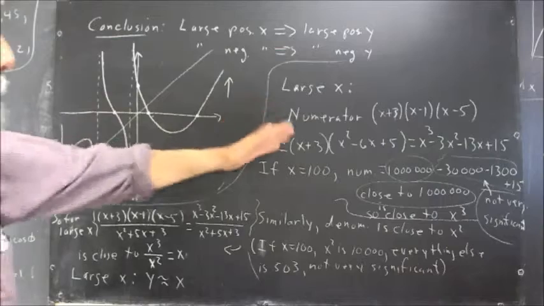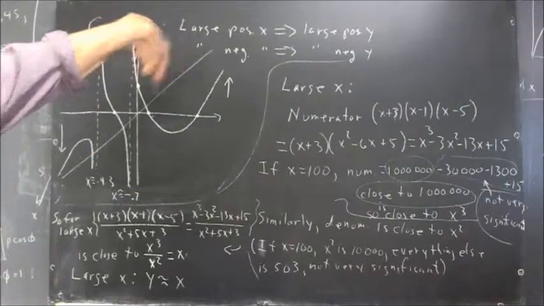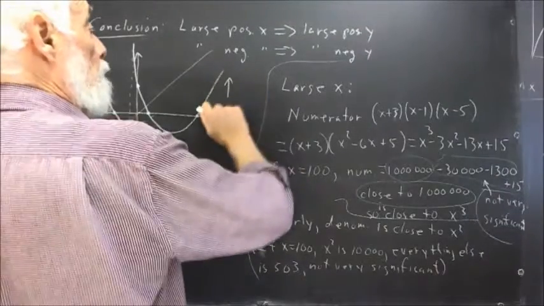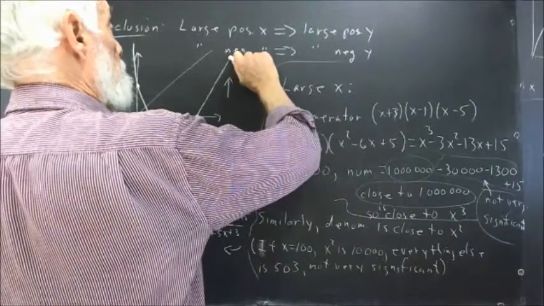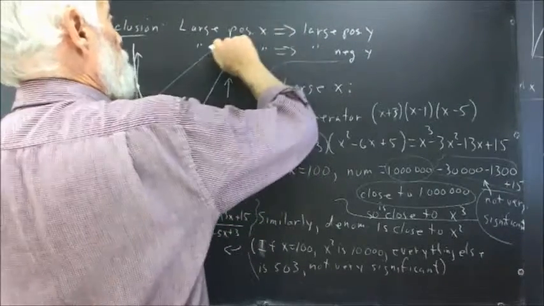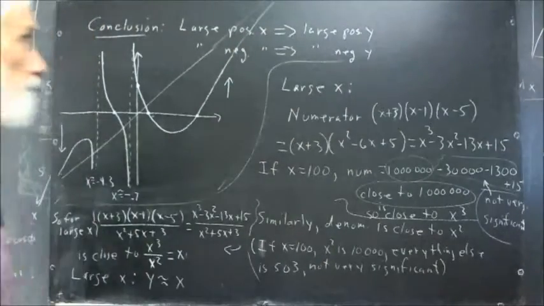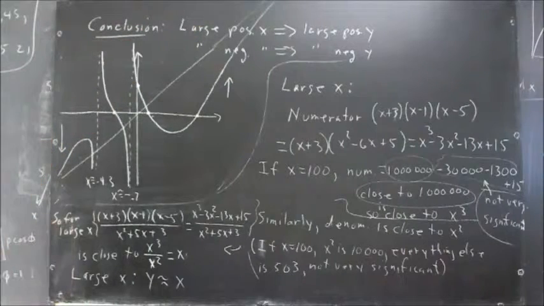And for large x, the value of y has to be close to the value of x. So that on the right side, this thing's going to go up, and it's eventually going to tend to become asymptotic to the line y equals x. On the left, the graph will be asymptotic to the line y equals x.